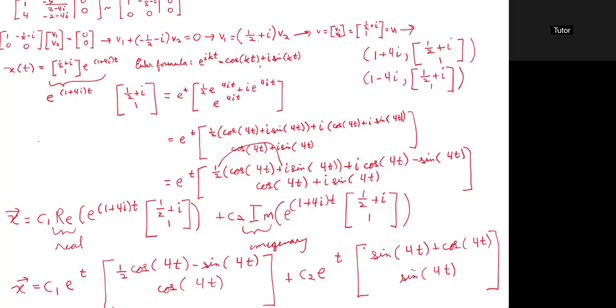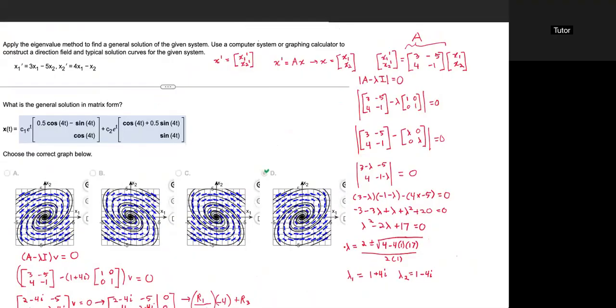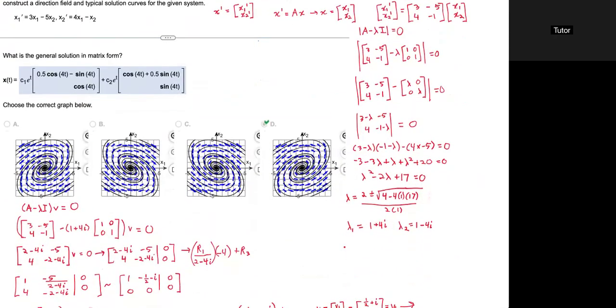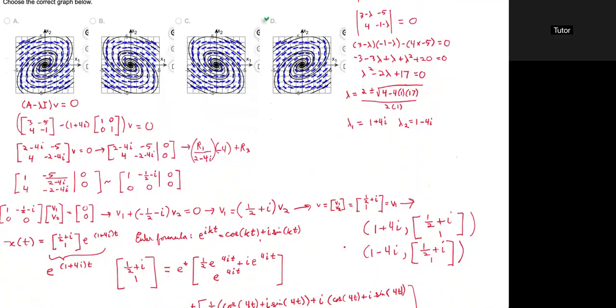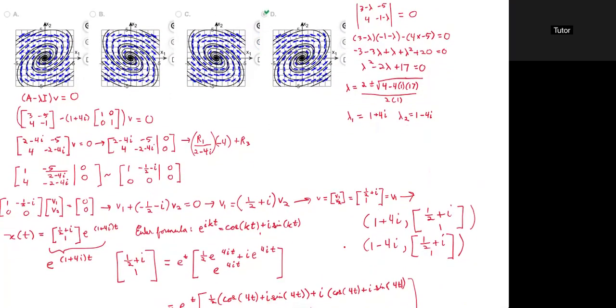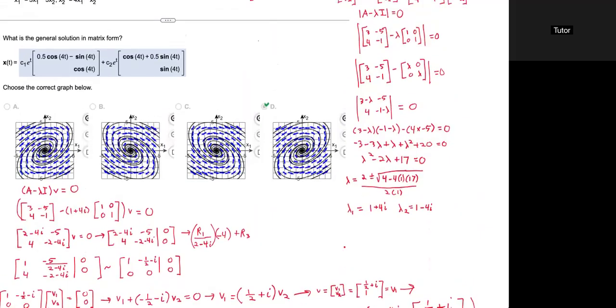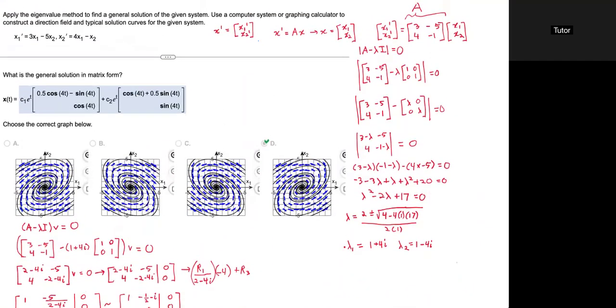So we have 1/2 over there. So 1/2. And now this matches our answer perfectly. Okay, cool. Now we can go on to our last step, which is to choose the correct graph from below.